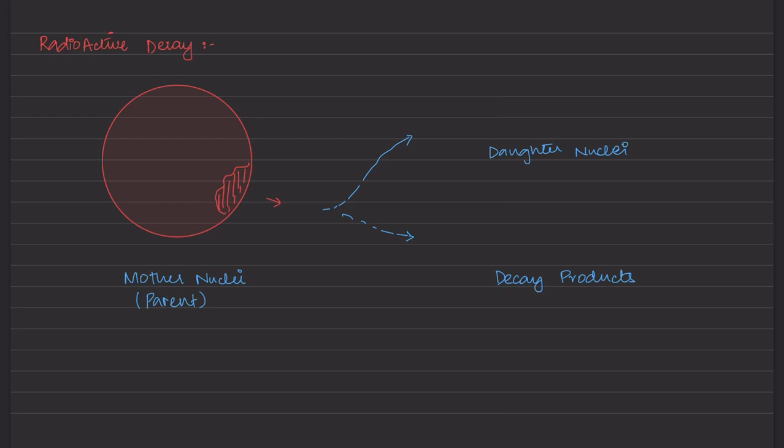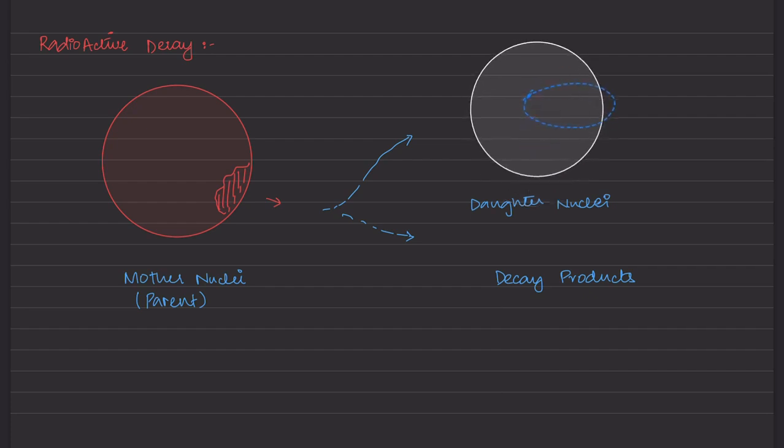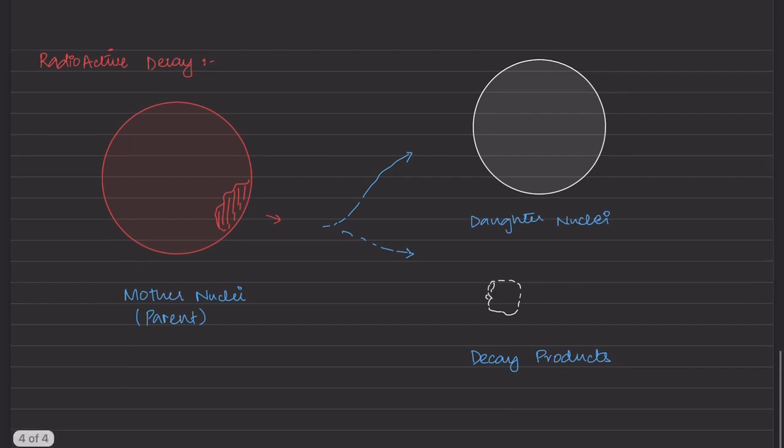Previously we had the mother nucleus, and the daughter nucleus would just go down in size a little bit, because obviously it shed some of its portion here. Then the decay product would be something smaller, which has now left the overall system.